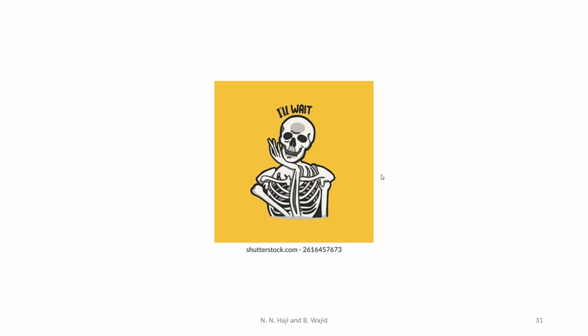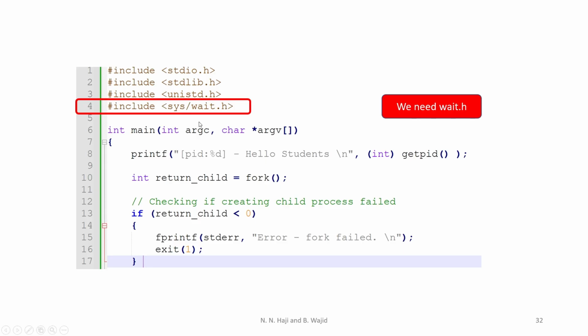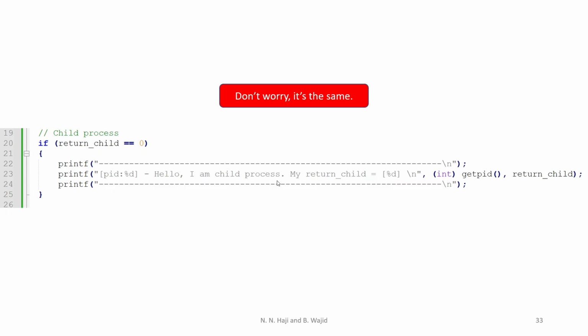Well, it's simple. You just call the function wait. So now you add another include statement here. The rest of the code is the same. You get the process ID, you check if the fork command executed successfully. If not, you exit. And if it did, the parent is going to get the process ID of the child.